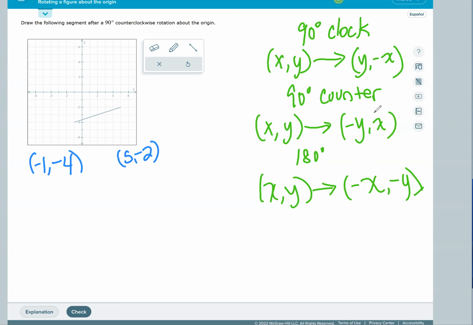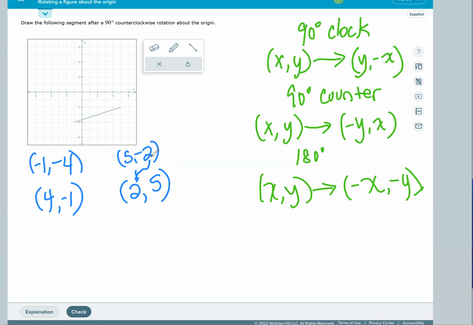So we're going to switch the order, but make the y value negative. So a -4 is a +4, and the x value, our new y value, is -1. Our old y value will become our new x value, but opposite sign, and our new y value is our old x value.